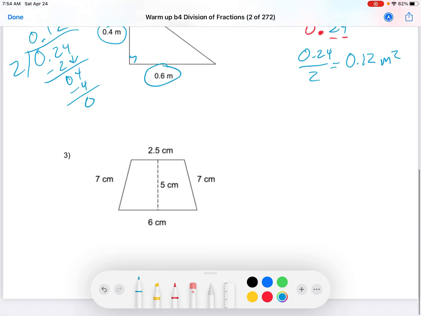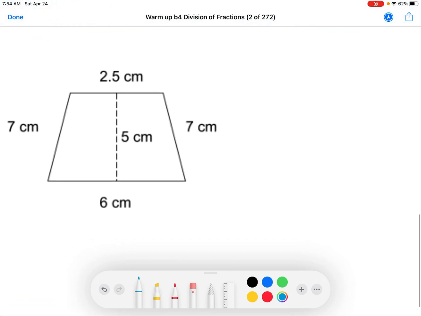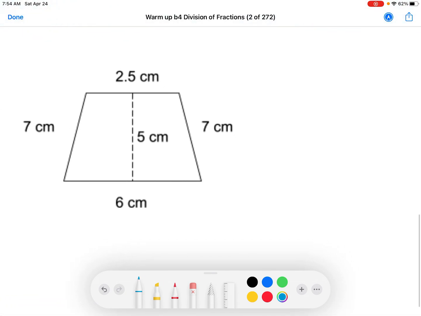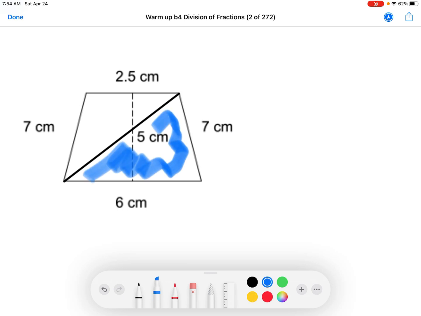Here we go. All right, last but not least, I'm going to zoom in a little bit to help me distinguish this trapezoid. Remember, it's the area of 2 triangles. One of these, we got to split into those 2 triangles. There's one, and we could focus in on this bottom triangle as our blue one, and the top one as the red one, right?